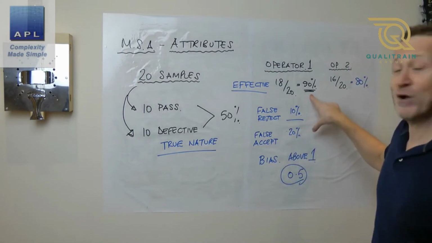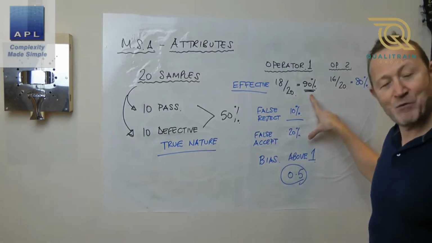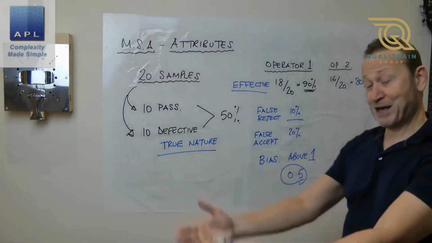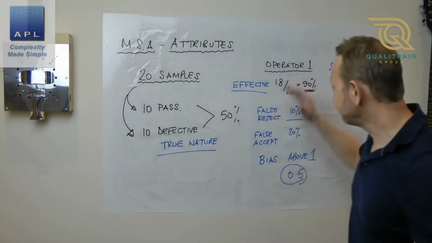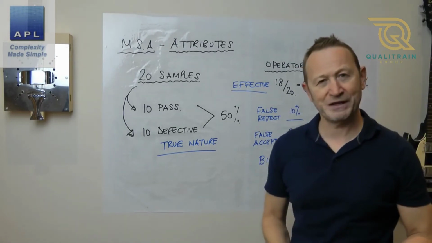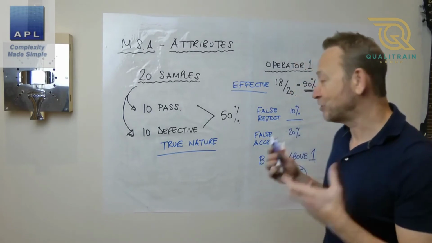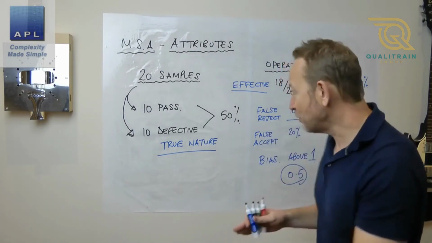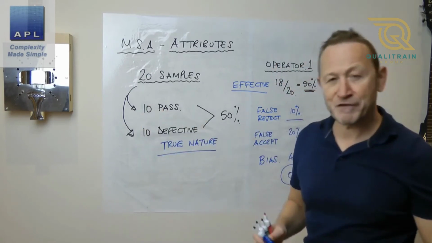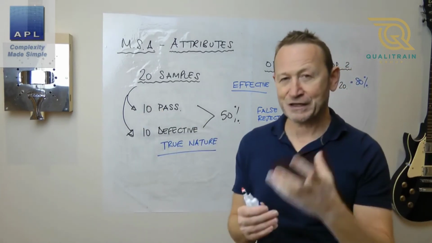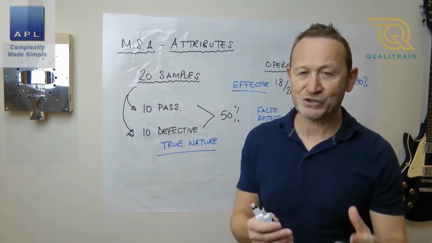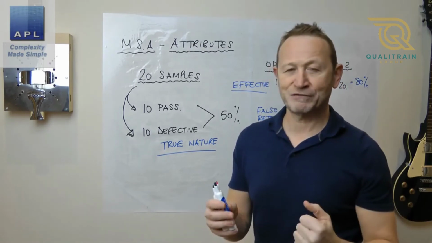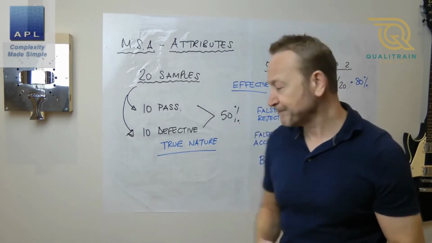And of course that's the way you get around the problem of, well, we're making a mistake 10% of the time, yes, but we're keeping them all in-house. That's really what you should be aiming for. So it's a very simple technique. The important point though is this 50-50 for the passes and the fails. If you get this wrong, you will bias the MSA and create false results.